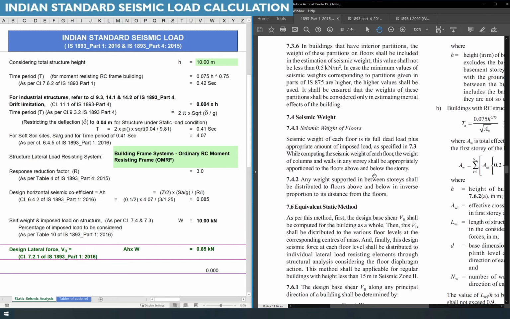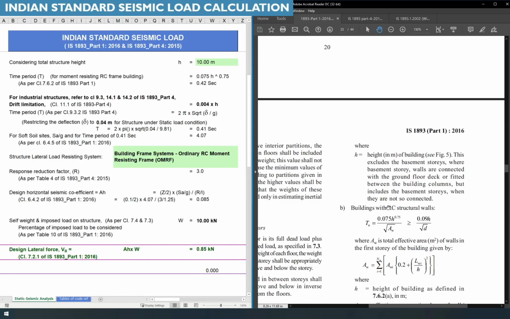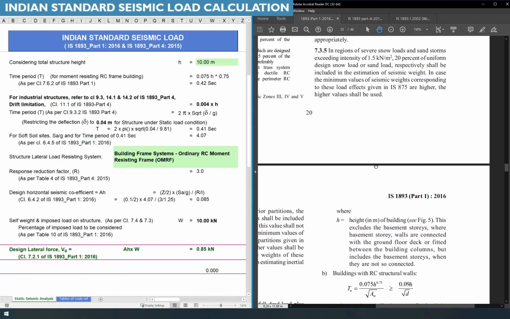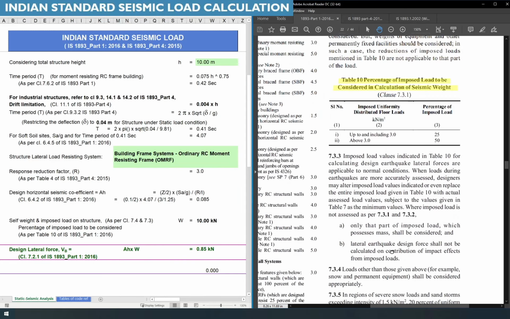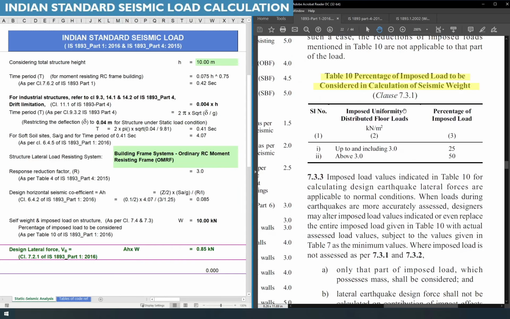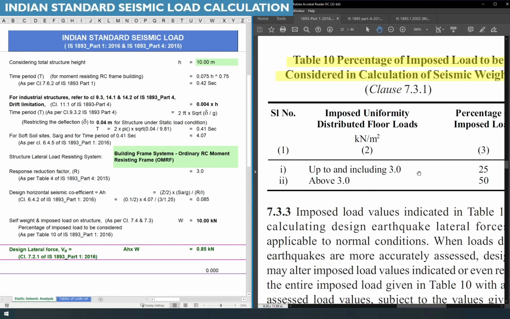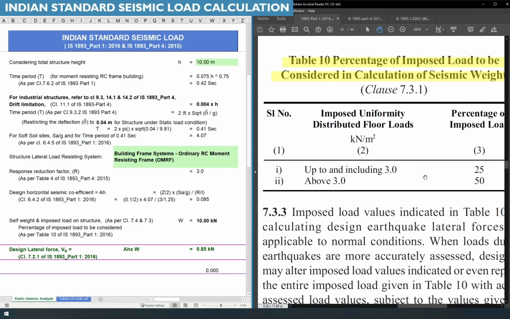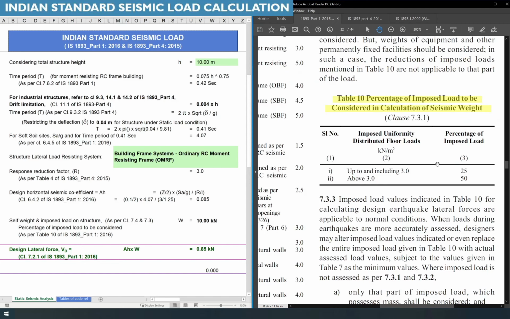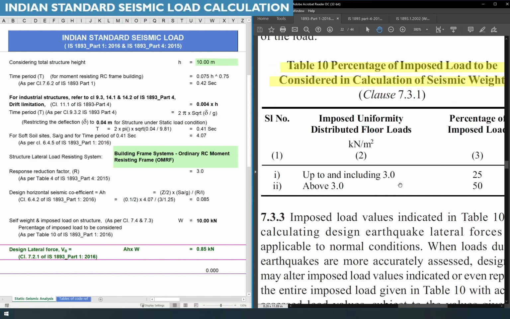Coming to the imposed load, that is the live load on structures to be considered for the seismic weight. The table mentions what percentage we can consider as imposed load. If the imposed load on the floor is up to and including 3 kilonewton per meter square, then 25% of the imposed load is to be considered for the seismic weight.